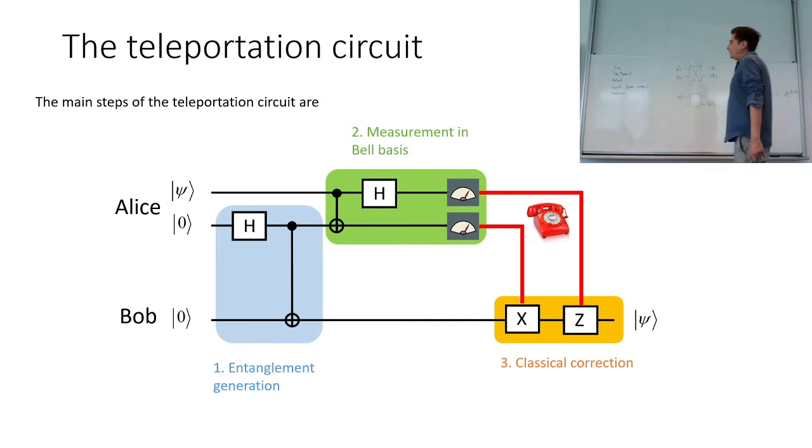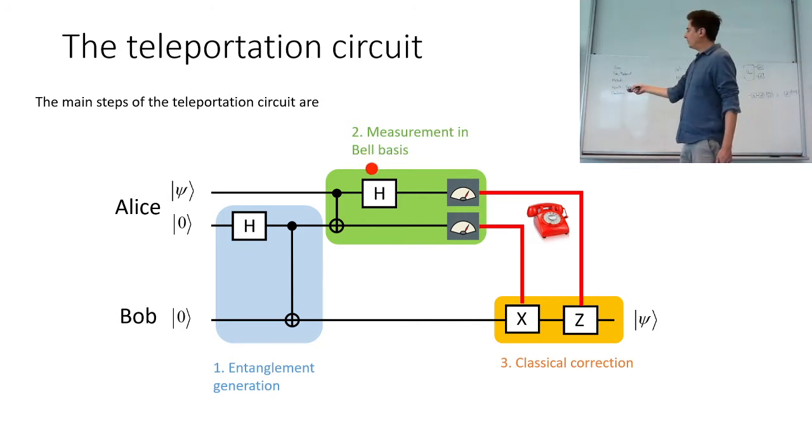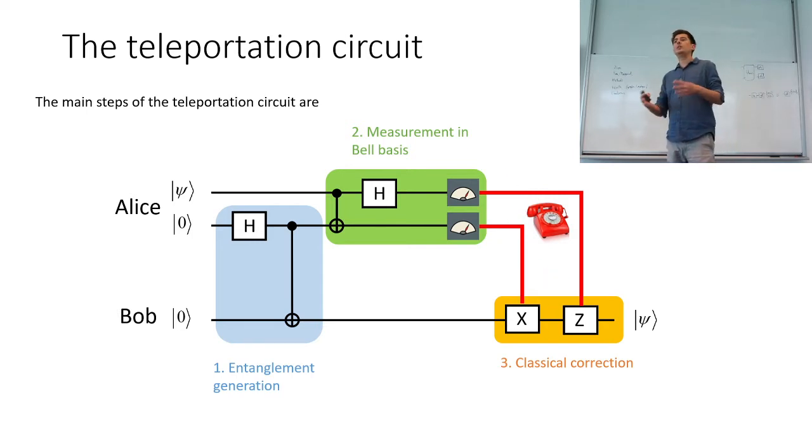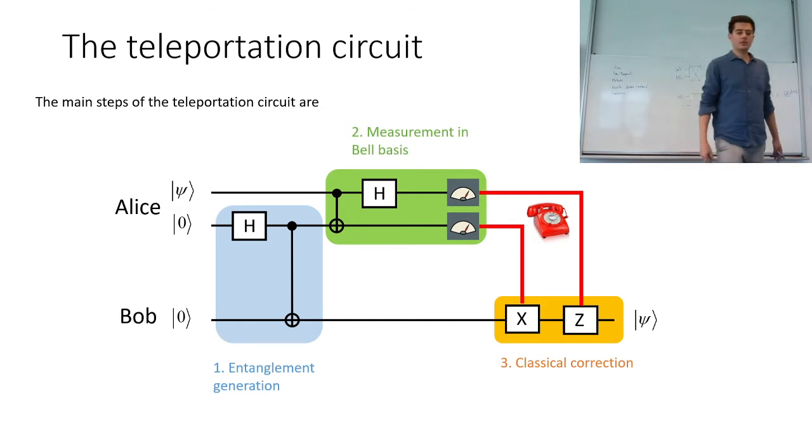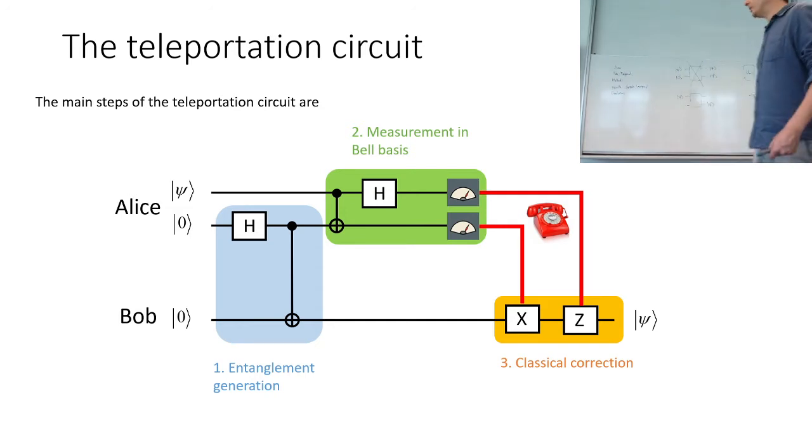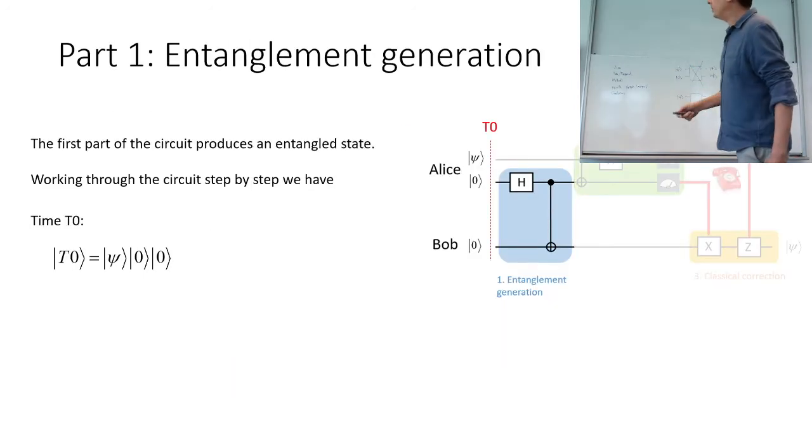And finally, this thing is called a classical correction because Alice measures something, then Bob has to do something conditional on those measurement outcomes.